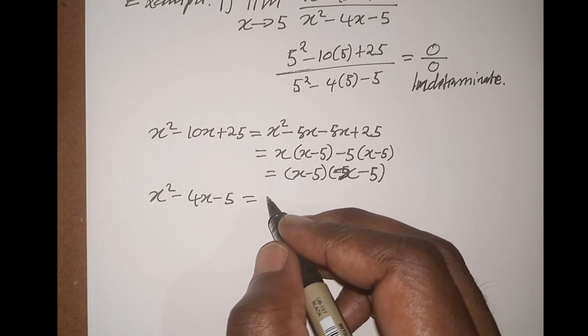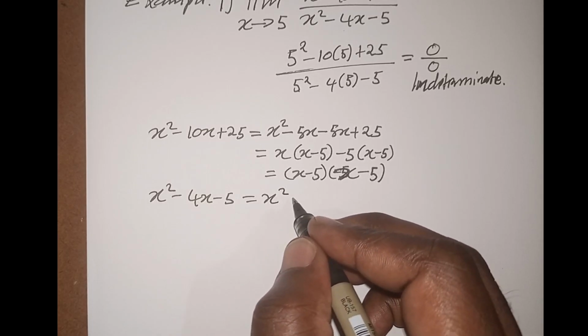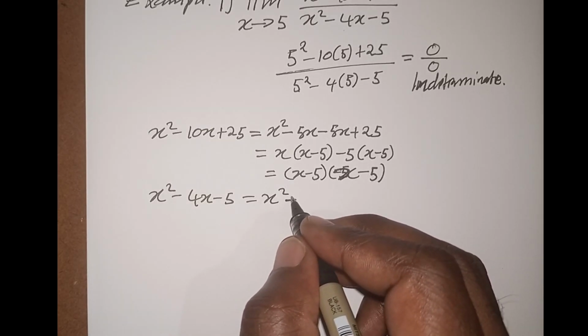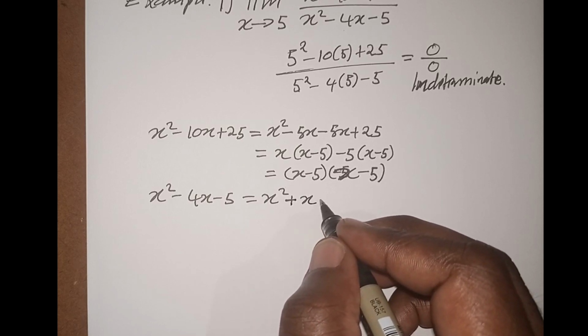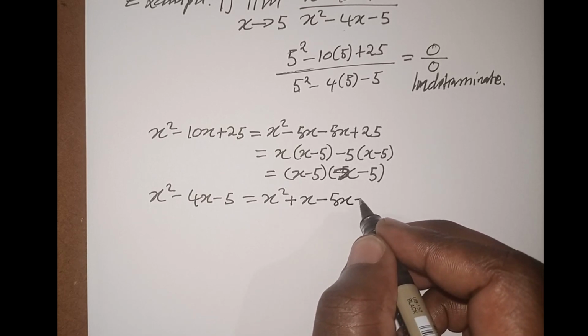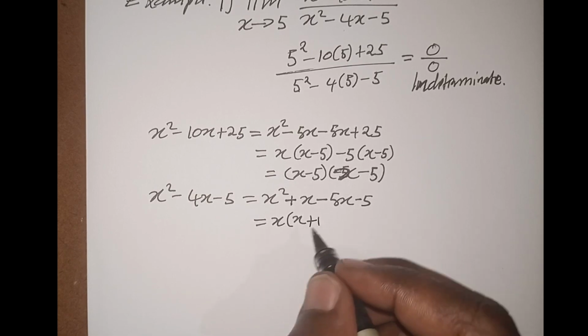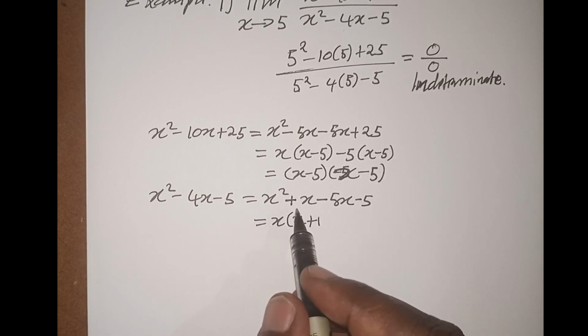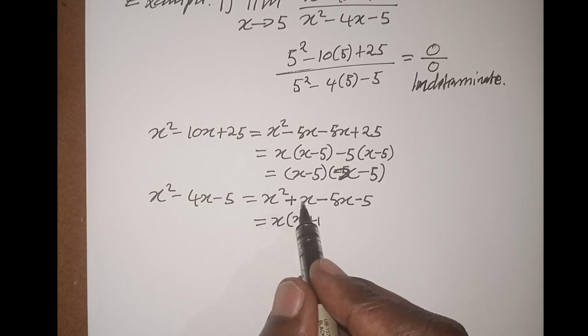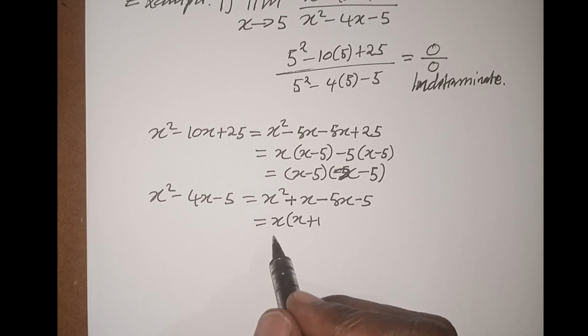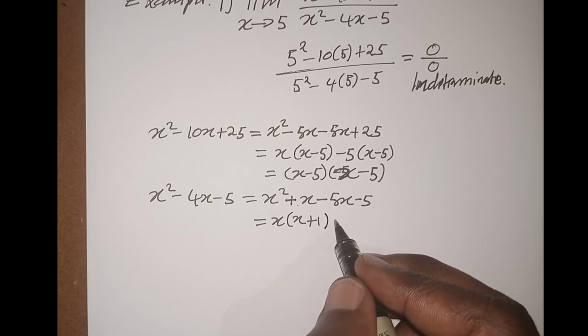This can be written as x squared plus x minus 5x minus 5, x plus 1. You're factorizing your x in the first two terms. Factorize your x, you remain with a 1 there.